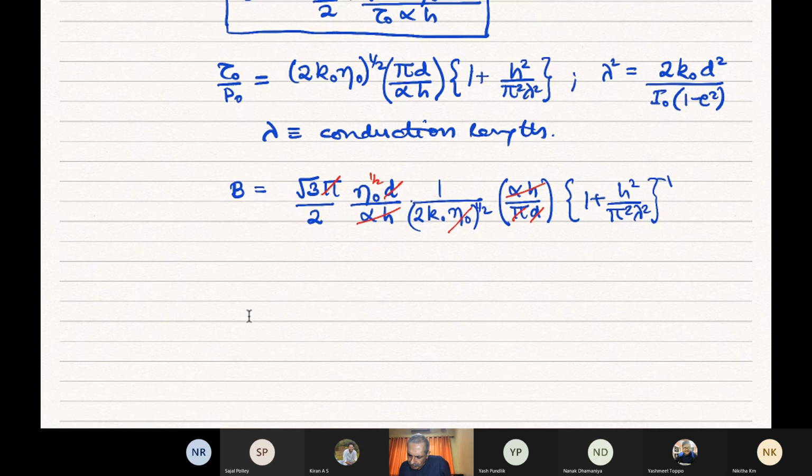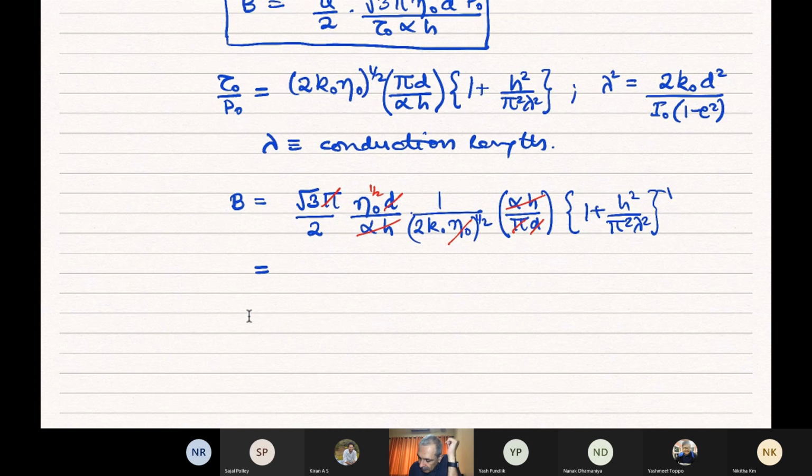And here you have 2 square root of 2. So then finally this B is just given in terms of parameters that are all known to us as just root 3 by 2 root 2.